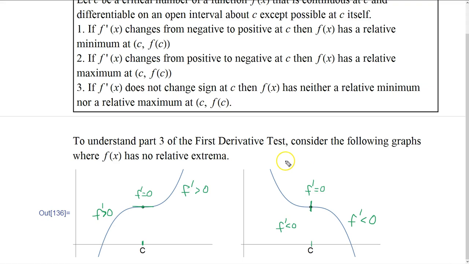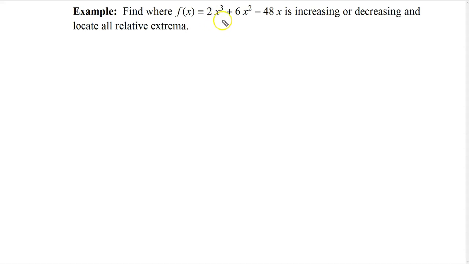Now let's take a look at a few examples. For this example, we want to find where the function 2x cubed plus 6x squared minus 48x is increasing or decreasing, and identify any relative extrema.